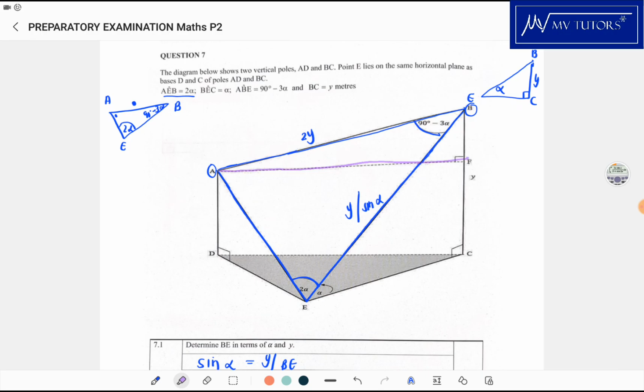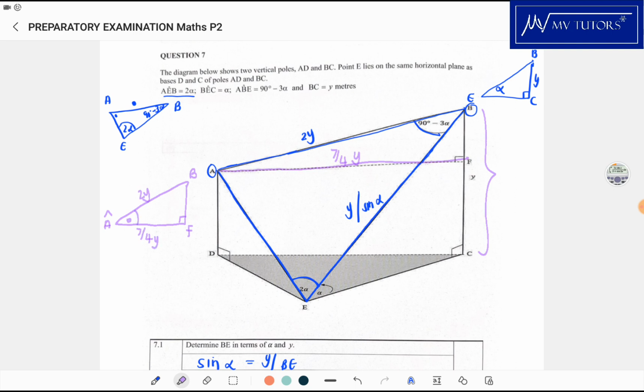Remember BC is y, right? So 7 over 4 y. And we actually have a right angle triangle. So that is your angle A in BAF. It's a right angle triangle, which makes things a little easy.